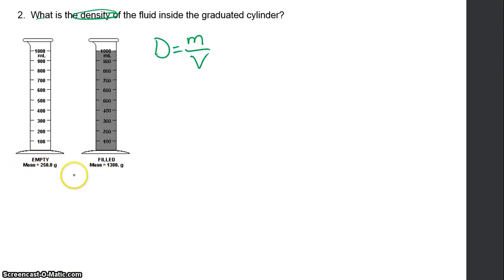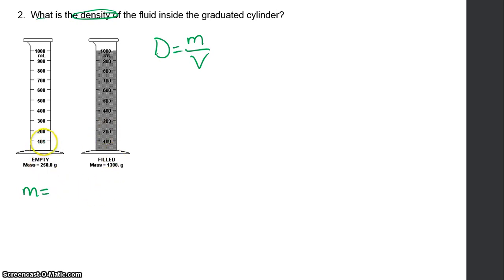So right away, I'm looking at I have an empty grad cylinder and a filled graduated cylinder with a liquid. And I can see the mass of empty and the mass filled. So in order to find my mass, I'm going to have to do a little extra work. I can't just take it here.